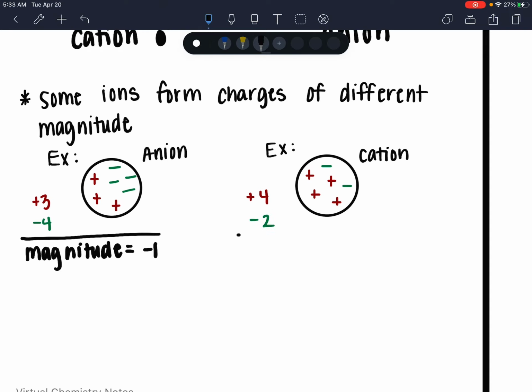So the magnitude of this ion's charge isn't just going to be +1. The magnitude is going to be +2. You see, +4 and -2 combined yield a magnitude of +2, meaning that this cation's charge is +2. So I can have some cations that are very positive because they've got a very large magnitude, and then I can have some cations that aren't as positive because they've got a smaller magnitude.